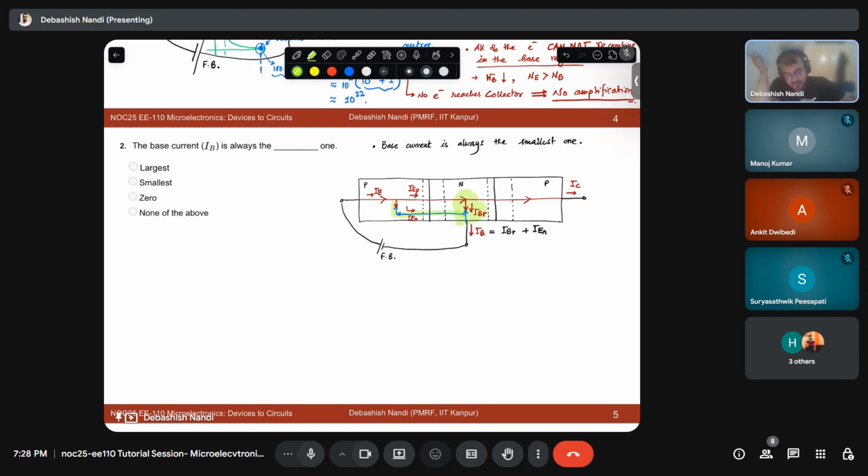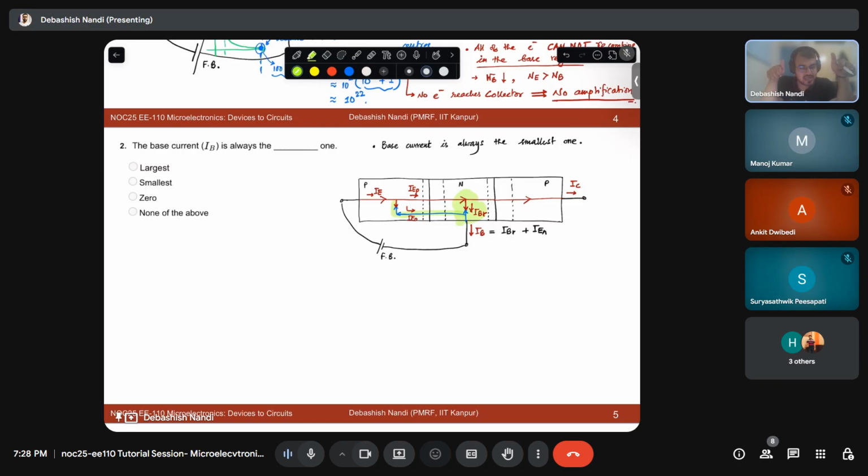This current. So basically it is a PN junction. If you forward bias it, the P side will inject holes towards the N side, and the N side will also inject electrons towards the P side. So the current, if you studied in PN junction, is composed of two components, the electron current and the hole current.